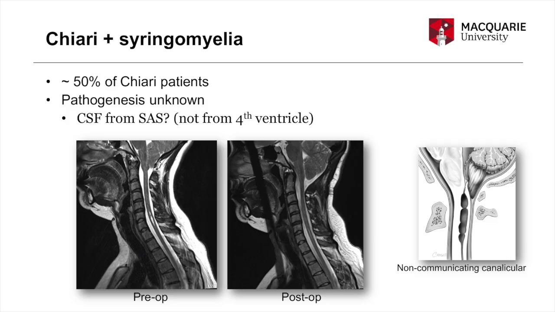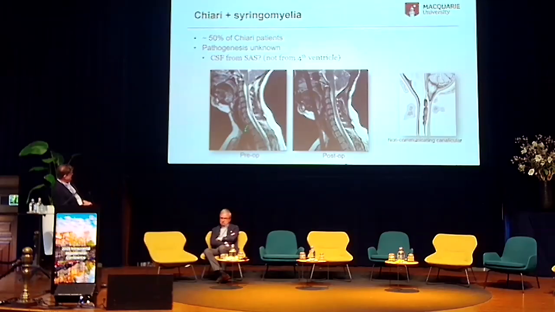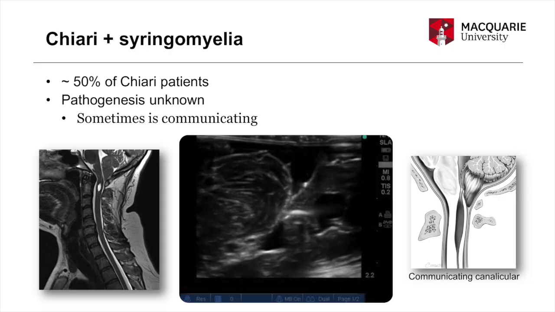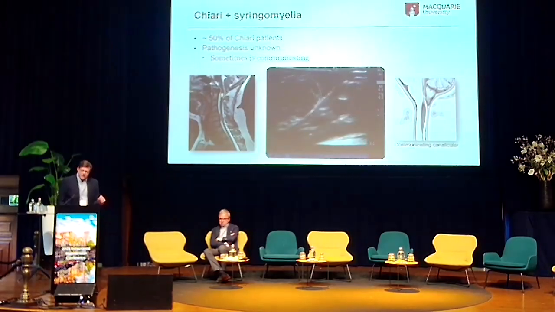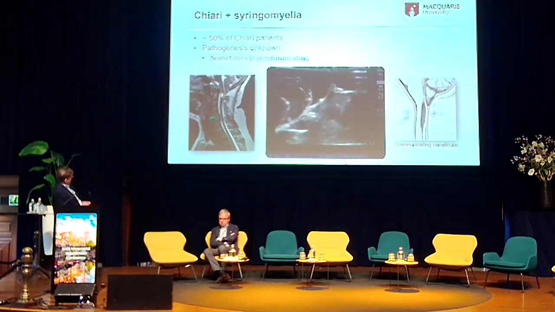But we know that for Chiari patients with a syrinx, even though the syrinx might be right down here, surgery resolves the syrinx if you get a good space at the craniocervical junction. But sometimes it's not like that. For some Chiari patients, the syrinx is actually communicating. And we can tell that because the syrinx is up here, it's not down there.